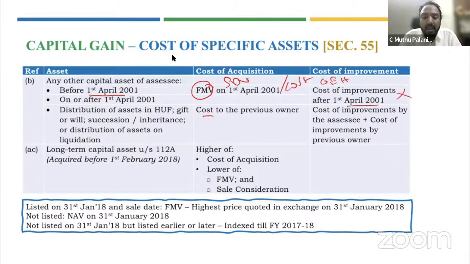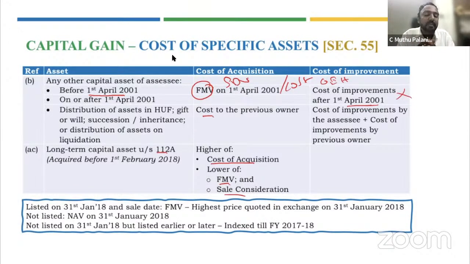And what about a long-term capital asset under section 112A? Higher of cost of acquisition, and lower of fair market value or sale consideration. So first I identify the lower of fair market value or sale consideration, and then I take the higher of cost of acquisition. It is something like your house property, where you take standard rent or fair rent, whichever is higher, subject to a maximum of standard rent.